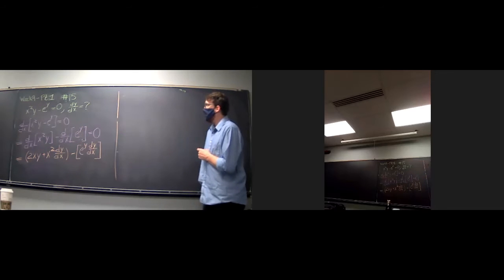Now, why is that? That happens because we can think of this y as a function of x, right? So using the chain rule, we're going to get dy dx left over. Make sense what I mean? Now all of this is equal to 0.